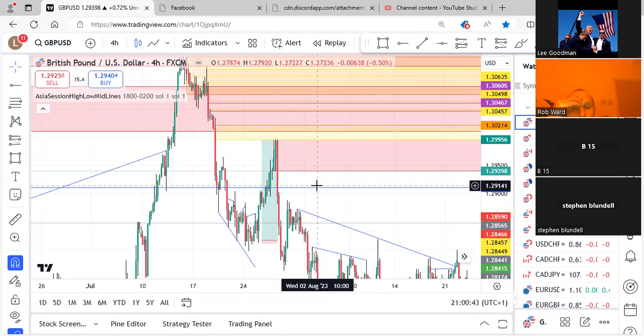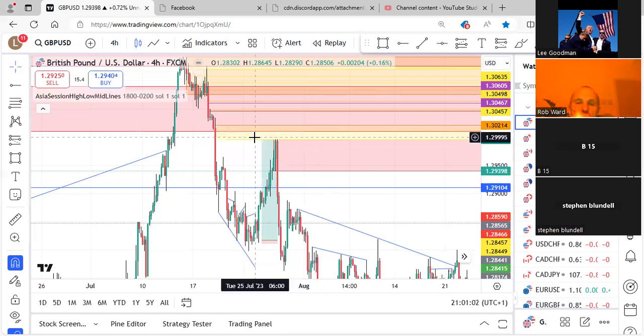Although it's a draw on liquidity, price is always going to want to target them both, imbalance and liquidity. But imbalances, because I believe that imbalance fills are the main building block of the markets that we view and how we trade them as such.